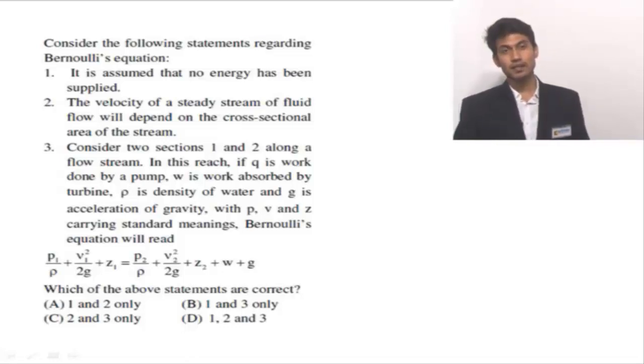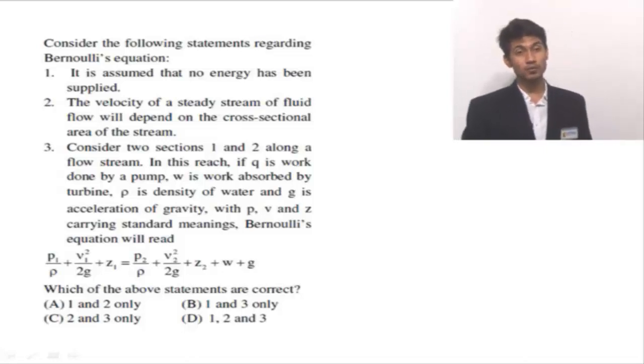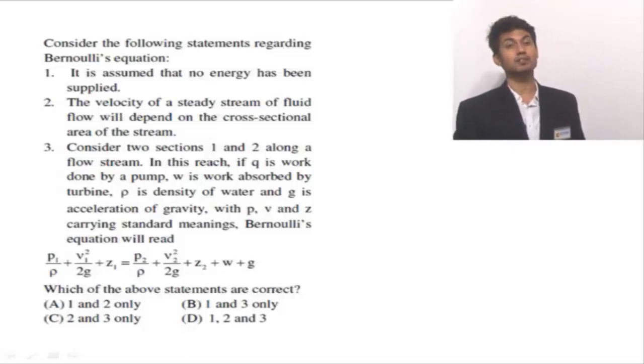In this reach, if Q is work done by pump and W is work absorbed by turbine, rho is density of water and g is acceleration of gravity, with P, V and Z carrying standard meanings, Bernoulli's equation will read P1 by rho plus V1 square by 2g plus Z1 is equal to P2 by rho plus V2 square by 2g plus Z2 plus W plus Q.